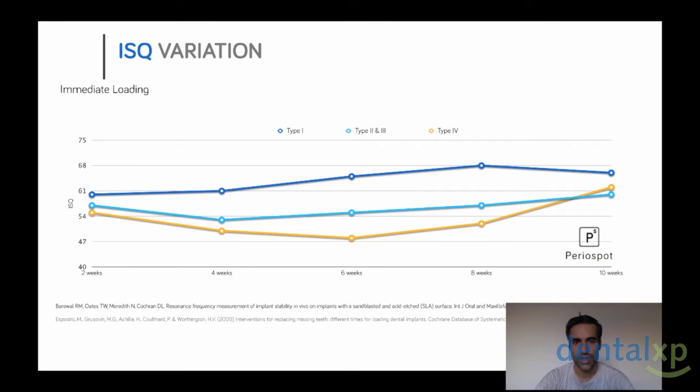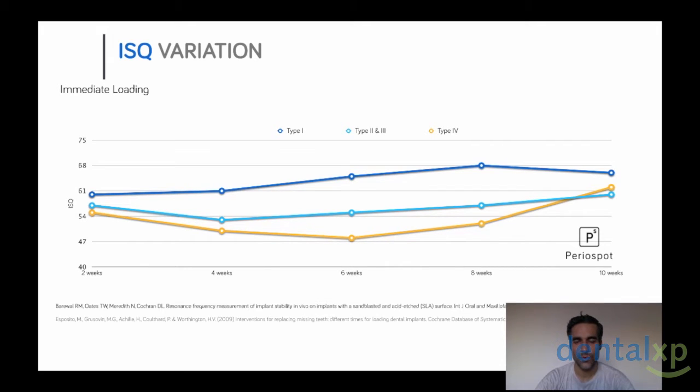What we have to know is that there is a variation of the implant stability that is related with osseointegration, and the loosening of the primary stability, which is a mechanical stability. This was well studied by Barwell in 2003, and as you can see, this ISQ changes over time.